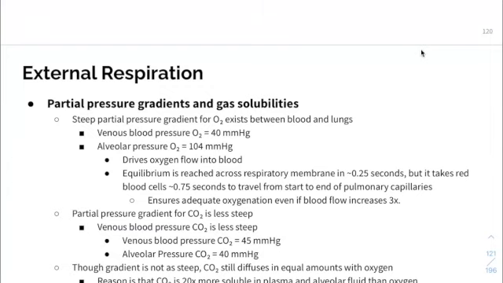So oxygen has that very steep concentration gradient because it is needed in the bloodstream to travel to our body.